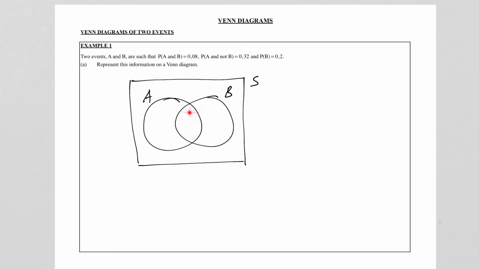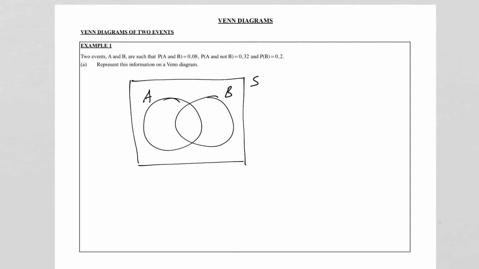This is and, that is where both events will take place. And we always want to start there. Once we've got this one, we will move to this and that one. So that is the A only and the B only, and then we look at what is outside the 2 events. Now, as you can see, and was given to us as 0.08.